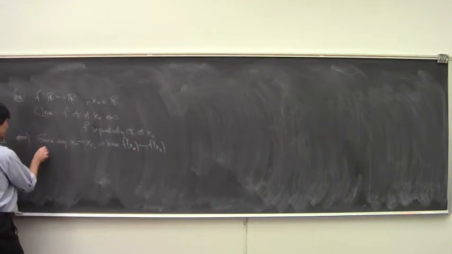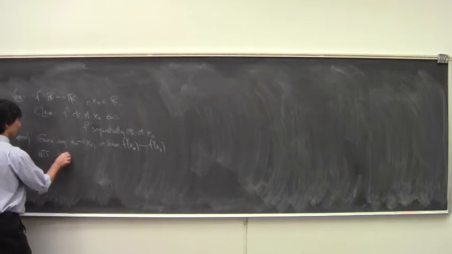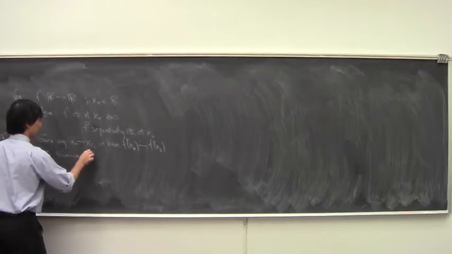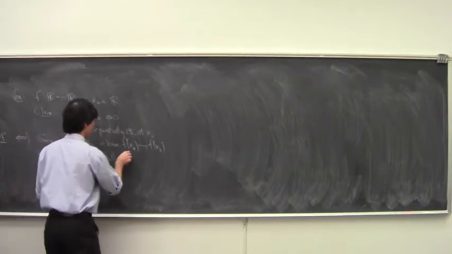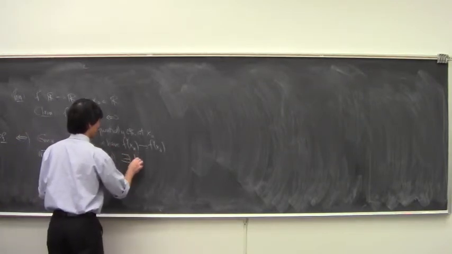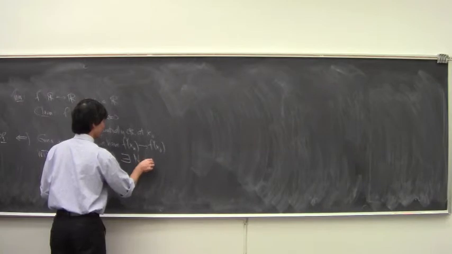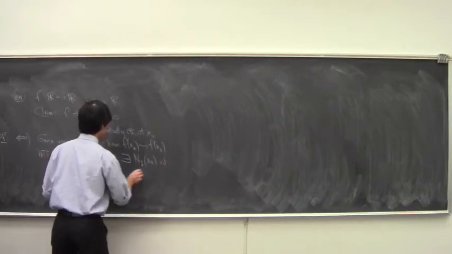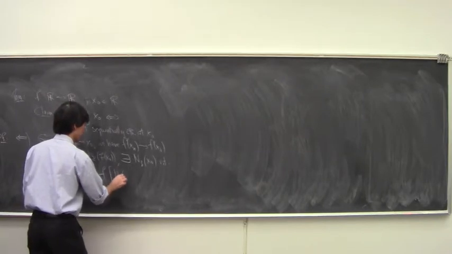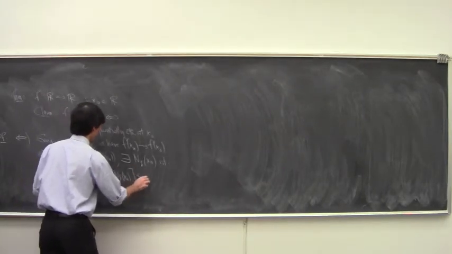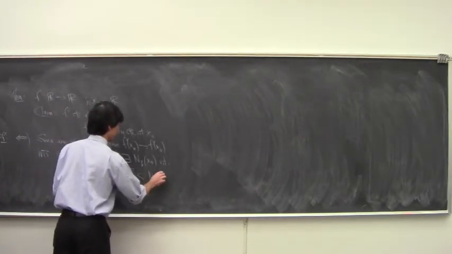And we want to show that given any epsilon neighborhood of f of x naught, there exists a corresponding neighborhood of x naught such that f of that corresponding neighborhood lies inside of the epsilon neighborhood.